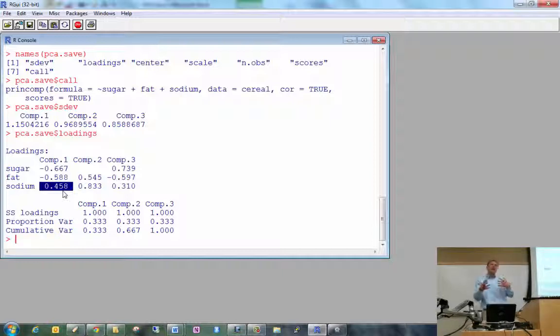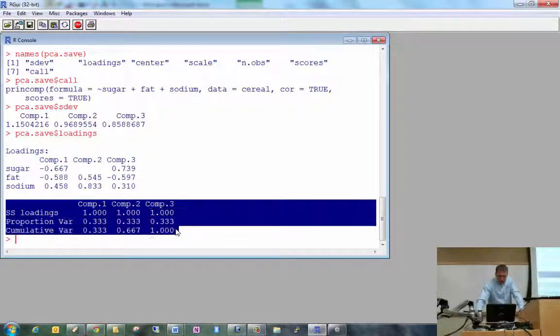Well, you can think of these coefficients as being a load on your original variable when you're forming the linear combination. So that's where that terminology comes from. We'll see shortly why there's nothing printed there. And do not pay attention to this part here. This can be misleading. You'll see why later.